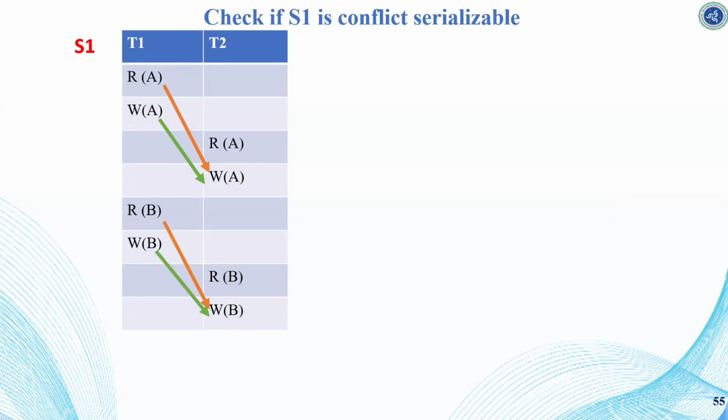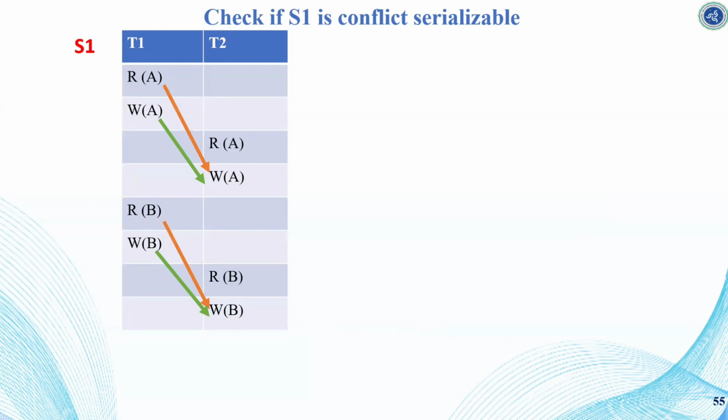Now, to draw the edges, there should be two vertices, T1 and T2. If there exists a conflict, say from the read of A to the write of A, the first operation is in T1, so we have to draw an arrow from T1 to T2.